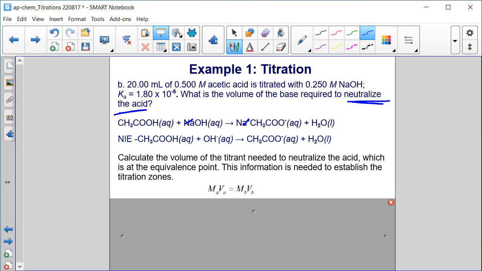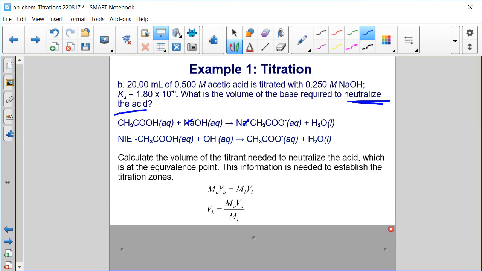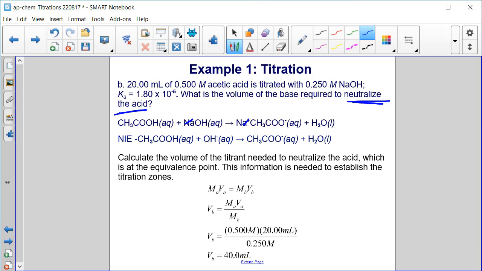So let's start with MAVA equals MBVB. We have a monoprotic acid and a monobasic base. So this is a direct relationship. And we can solve for the volume of the base that is required and then substitute the values.